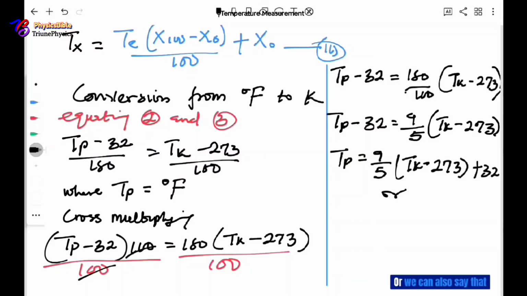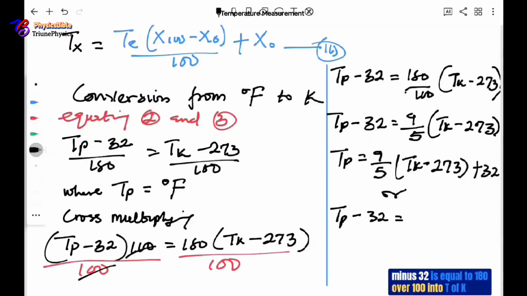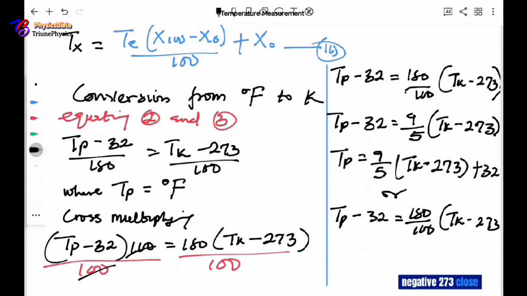Is that clear? Or we can also say that T of K, if you are asked to make T of K the subject of the formula, or to find absolute temperature, then T of F minus 32 is equal to 180 over 100 into T of K minus 273.